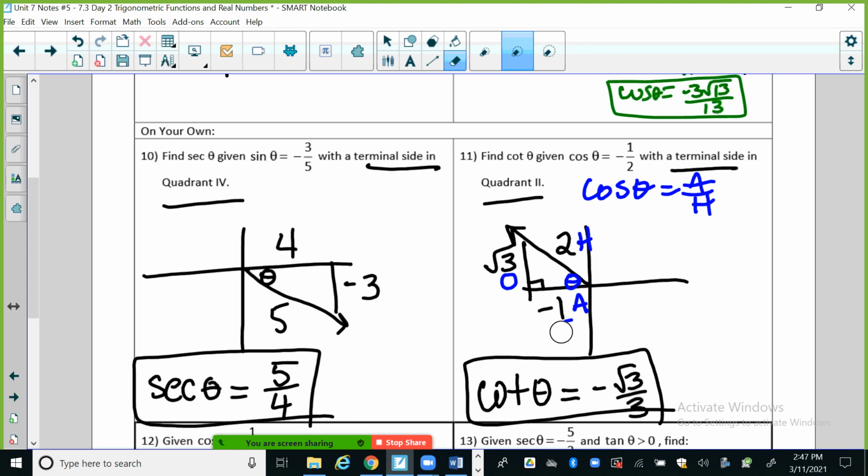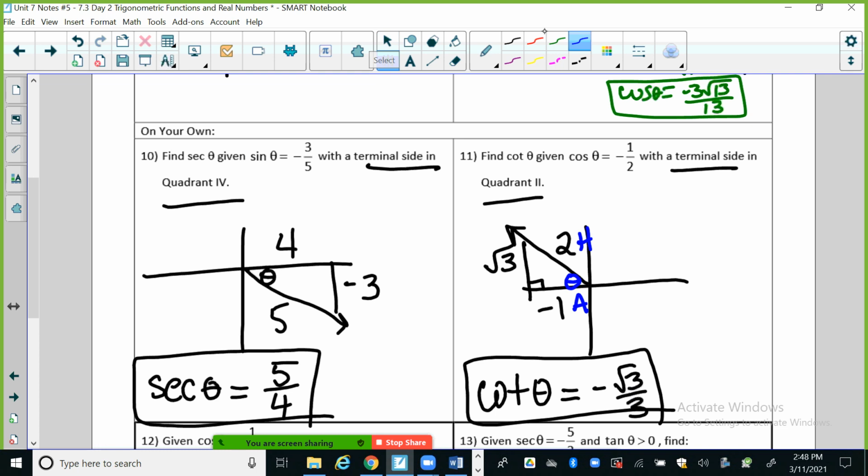One comment that I do want to make before we look at the next type of example is that if you don't want to worry about positive negatives inside of your triangle, you don't have to. You can always use all students take calculus for your answer and say, since we're in quadrant 2, cotangent should be negative, so my answer should be negative.